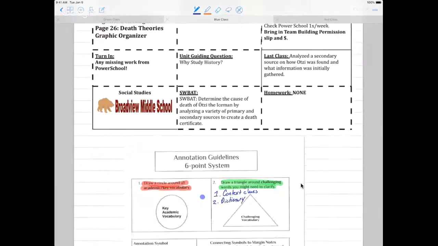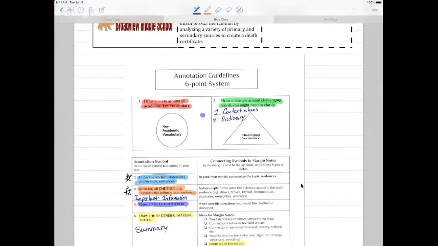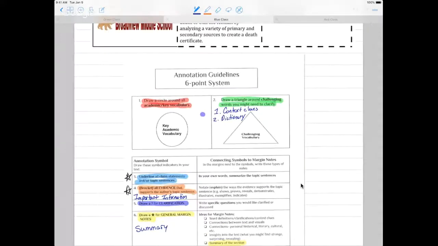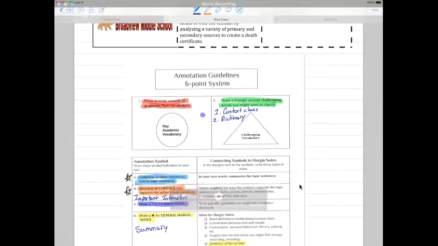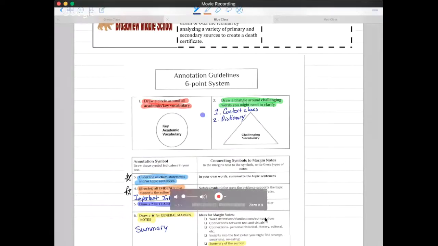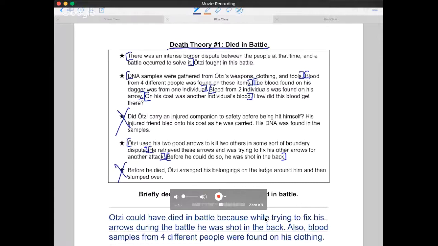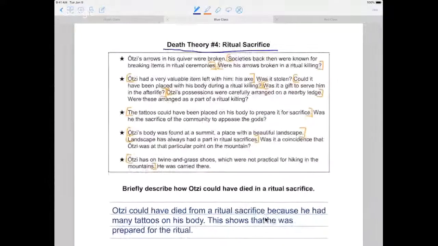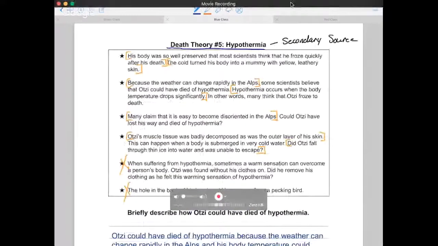So we first went over the annotation guidelines, the 6 points of annotation, and we remembered that we underline our topic sentences and we bracket all the important information, and then when we're done with that, we summarize it, which is good.